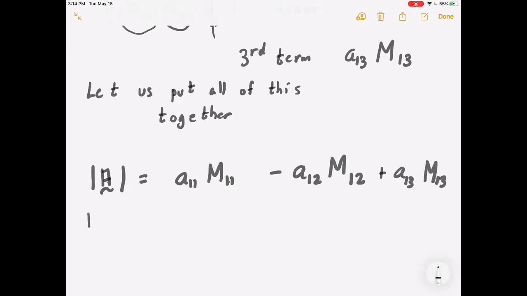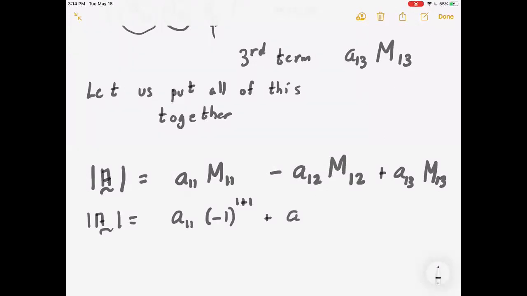There is a clever way to simplify this even further. I'm going to put in here the number 1, but recognize another way to write 1 is minus 1 to the 1 plus 1 power. So big deal, why am I doing that?